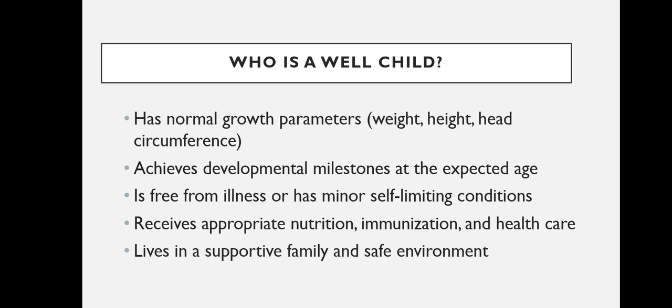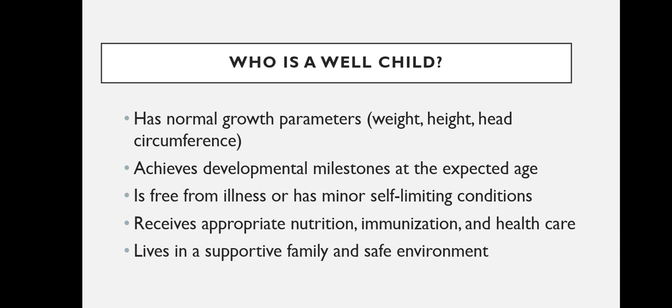Immunization, there are a lot of conditions. You find that we have tuberculosis, we have poliomyelitis, we have tetanus, we have diphtheria, we have Haemophilus influenza type B, we have hepatitis B. All these conditions, is the child fully immunized to these conditions?